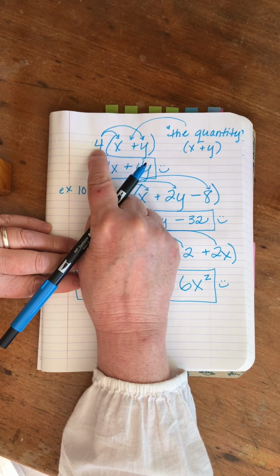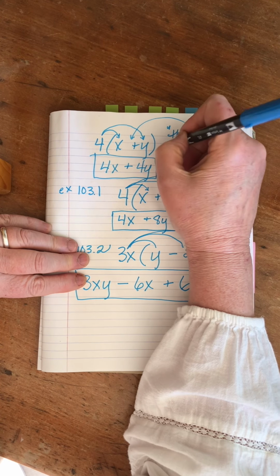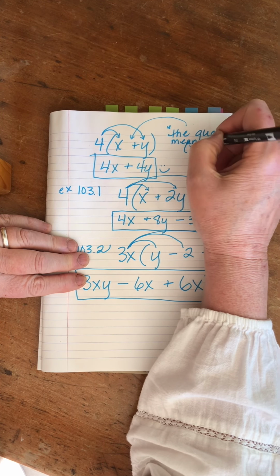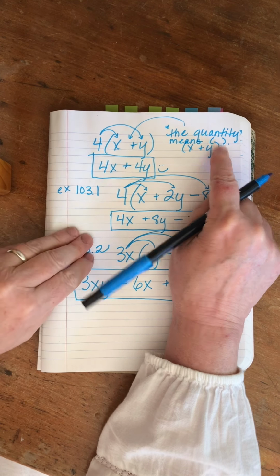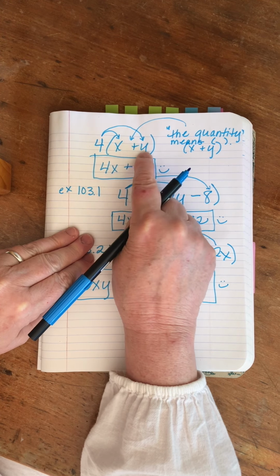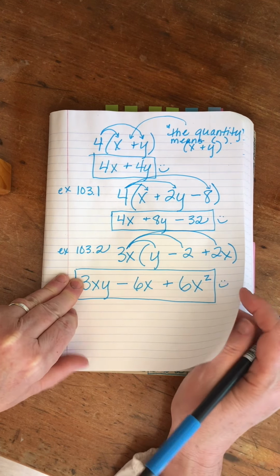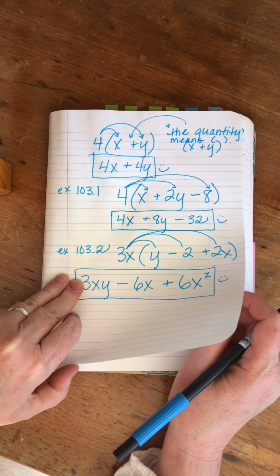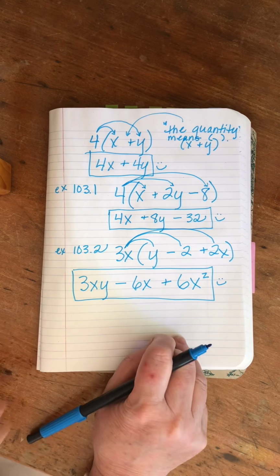We say 4 times the quantity x plus y. The quantity means what's in the parentheses. In this case, it would be x plus y. I'm going to hammer that into you because I want you to sound smart. I want you to use words appropriately and accurately. Okay, now I'm done talking. 103 is over. Goodbye.